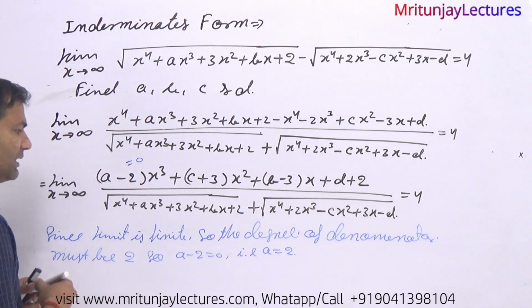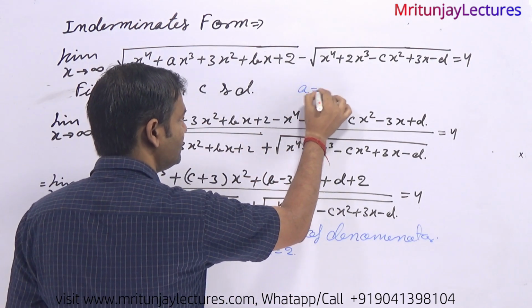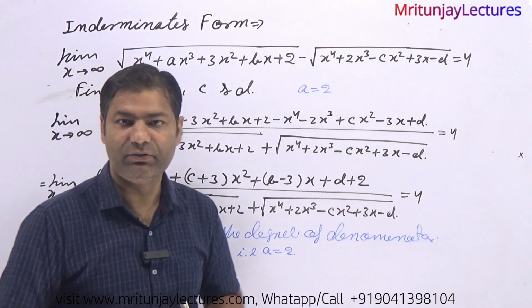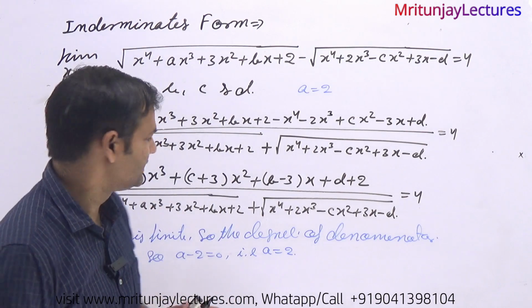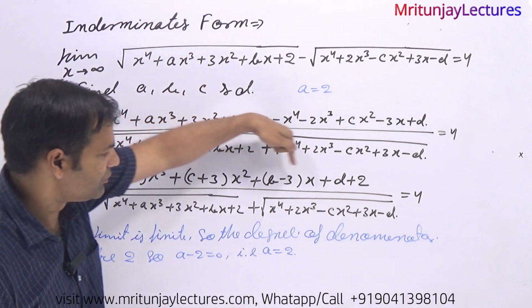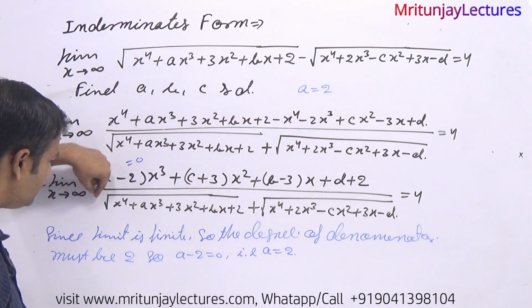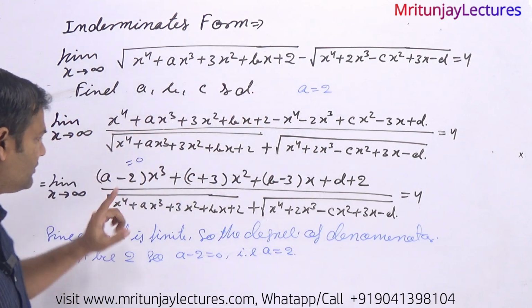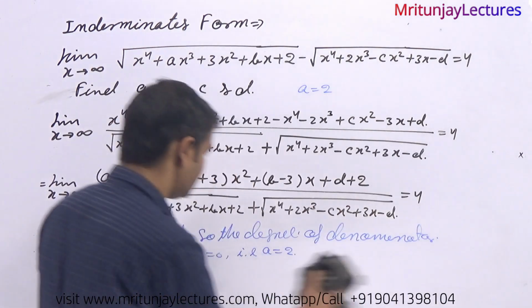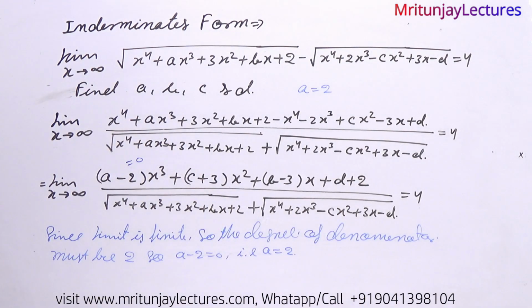If a is equal to 2, then we get a finite value, otherwise it is not possible. If a is equal to 2, then the numerator's highest power is 2 and the denominator's highest power is 2. First of all make it, after that we are solving.